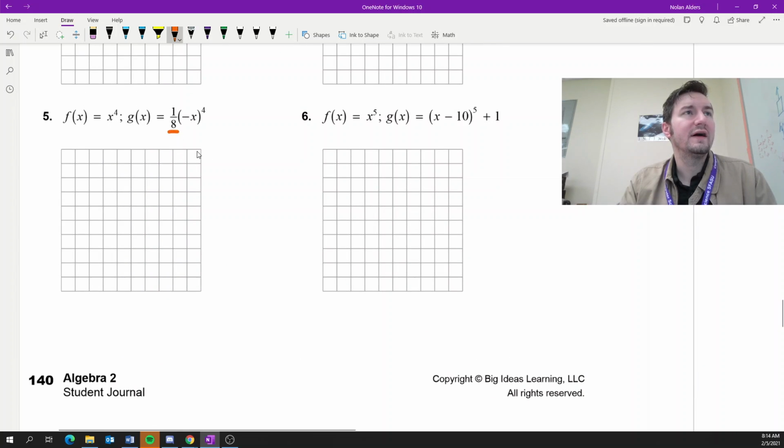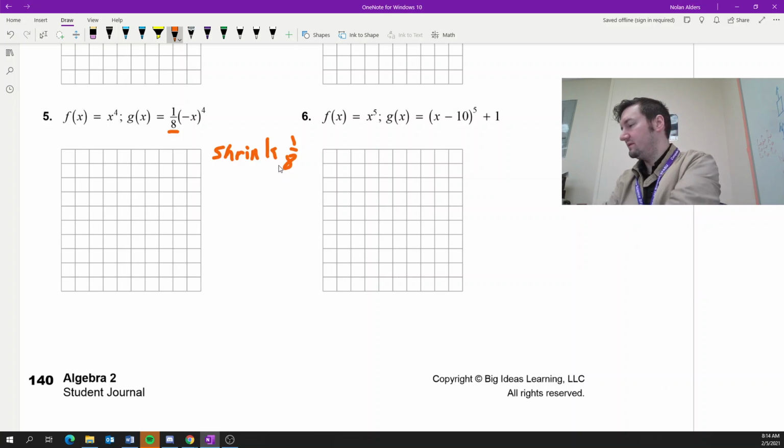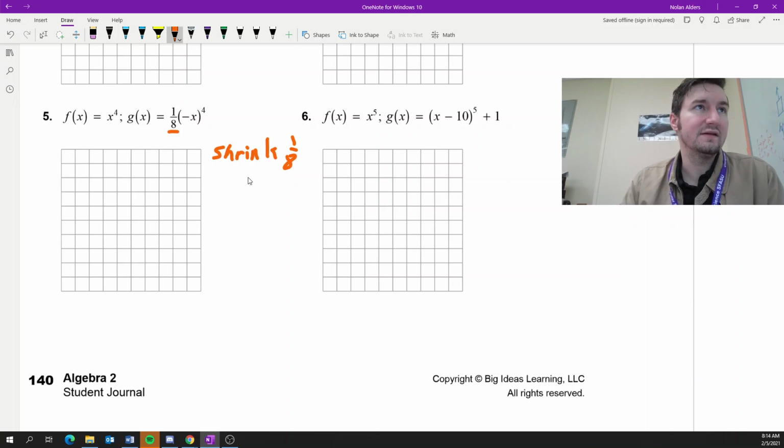So the 1/8 out front is a shrink. So we did a shrink by a factor of 1/8. And we also negated just the x itself. So that is a reflection in the y-axis.